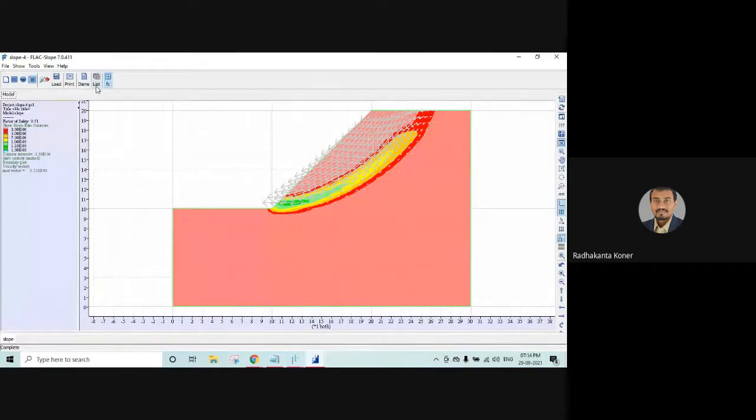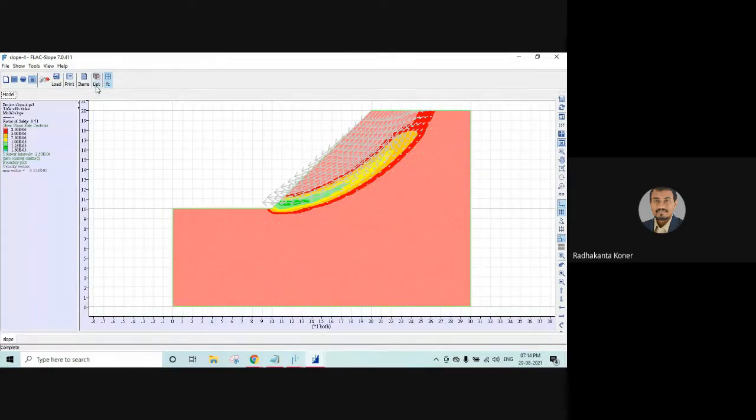So if there is any failure in the future, that failure will occur in and along this area. So this is a good interpretation in that sense. It shows us the failure will obviously be in and around this area.